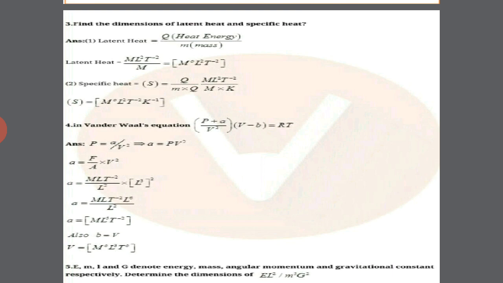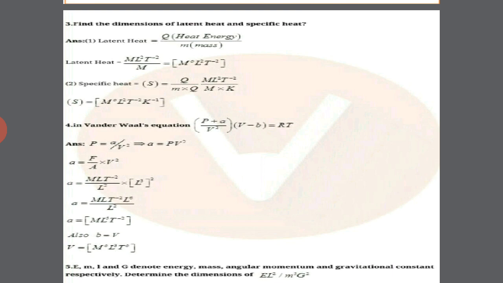In van der Waals equation, P plus A upon V square into V minus B is equal to RT. P is equal to A upon V square, so A is equal to PV square, A is equal to force upon area into V square.